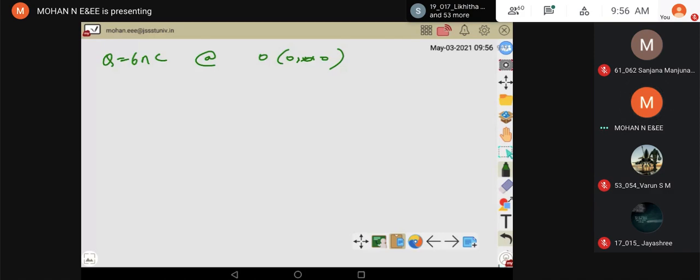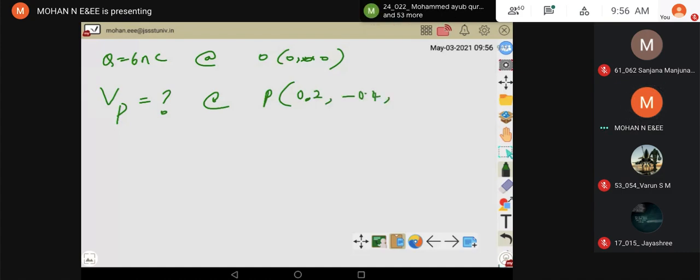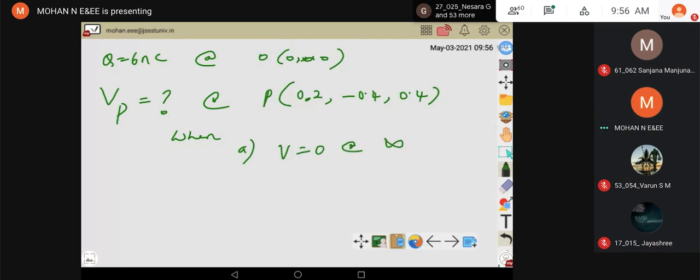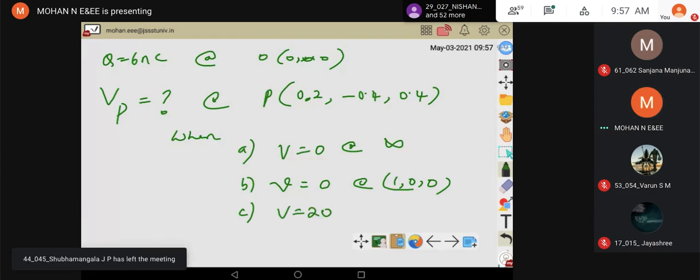Find Vp at P equal to (0.2, 0.4, 0.4) when V is 0 at infinity, and when V is 0 at (1, 0, 0), and when V is 20 at (1, 1, minus 1).